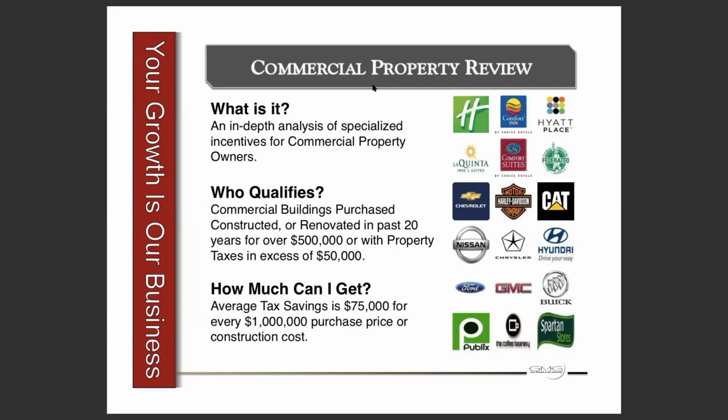On average, we talk a little bit about how much you can get as a tax savings. Basically, it's about $75,000 for every $1 million in purchase price or construction cost. And when we talk about the tax savings, that's actual tax savings.